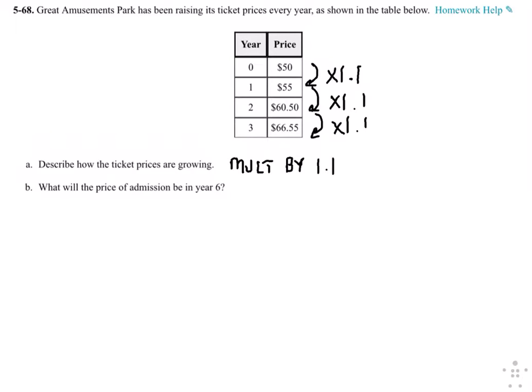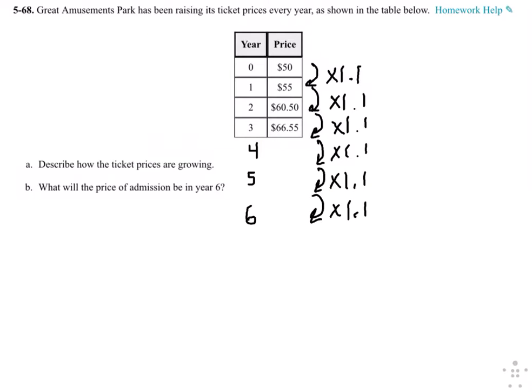So a couple ways to do this. We could just multiply again for year 6, or we could write a function. So let's say you didn't remember how to write the function, which you should, but let's say you didn't. We could just go and do 4, 5, and 6, right? So I can multiply times 1.1 times 1.1 times 1.1.